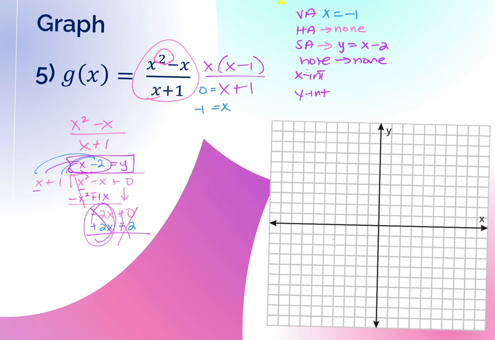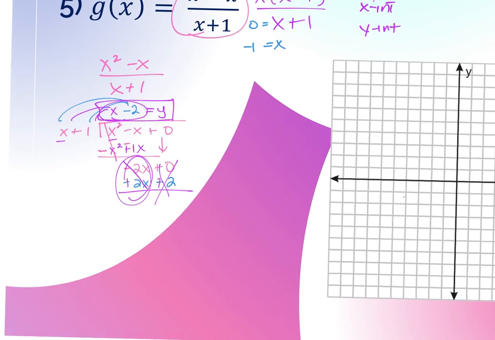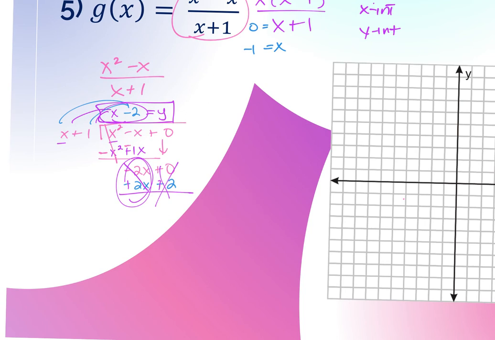Now, because what you're dividing by here is just an x, right, not an x squared. If it was x squared in the bottom, we couldn't do synthetic. But we can this time. So I take this x squared minus x plus 0, and I list all my constants and coefficients, 1, -1, 0. I put that long L-shaped bar, and I put the opposite of what follows x on the outside, so this would be -1.